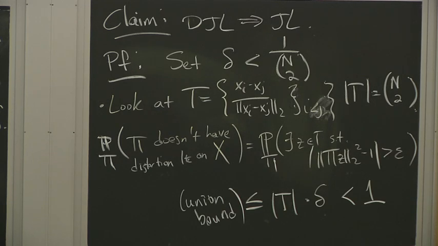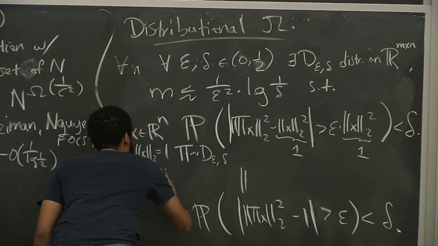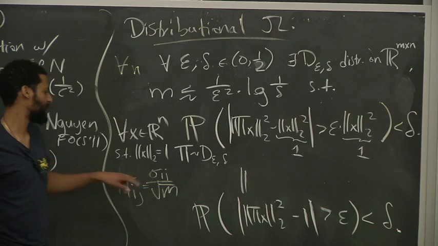Now, one fundamental difference between this kind of tail-bound versus the ones we've seen before is this: let's say pi ij, let's write it as sigma ij over root m. So it's a scaled random sign matrix. Sigma ij is a random sign.